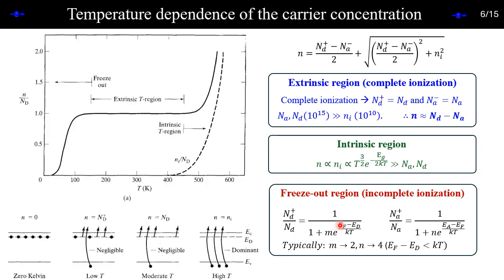Any other questions here on this? Okay, so here note that EF minus ED by kT is there, and here for Na it is EA minus EF by kT.